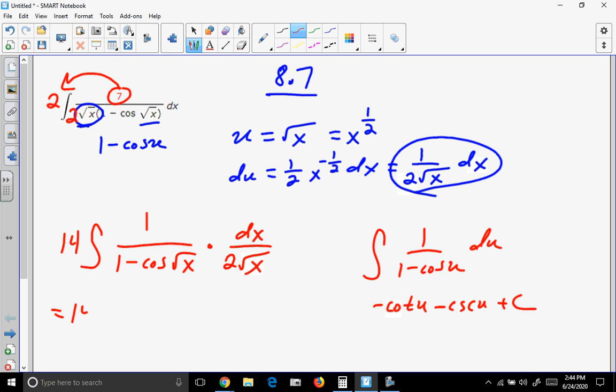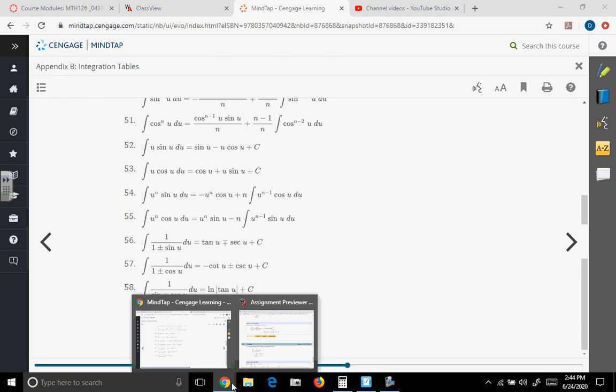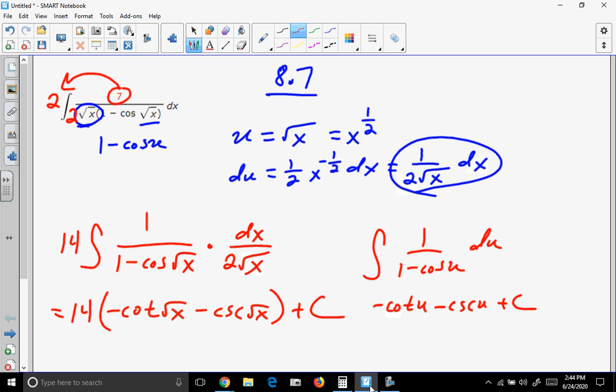So we have 14 out front times minus cotangent of u minus cosecant of u plus c. And on the test, I'm going to ask you which formula you use, so that's formula 57. So that's using number 57.